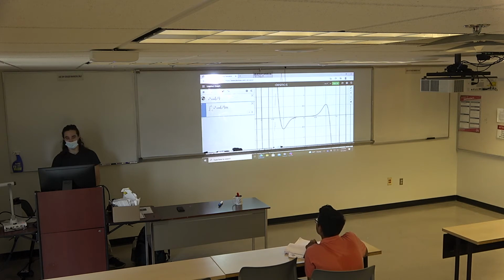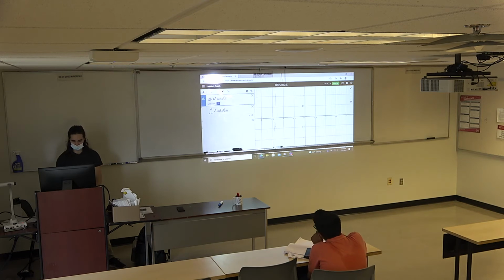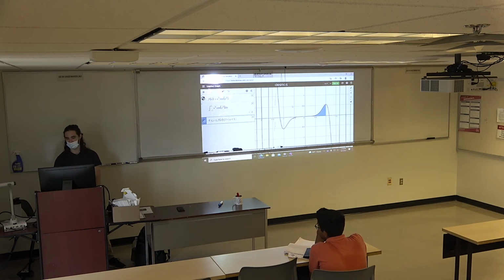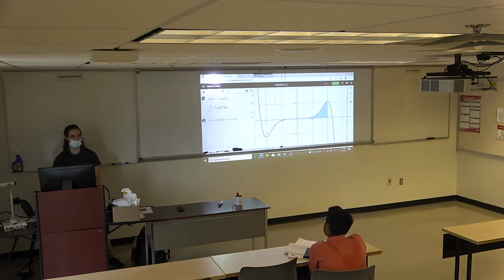I know the two sides are going to match up, because this area over here is exactly matched with the same area over there, so they're guaranteed to cancel out.